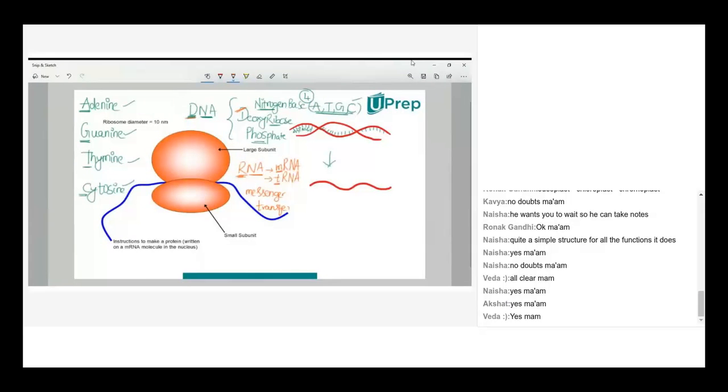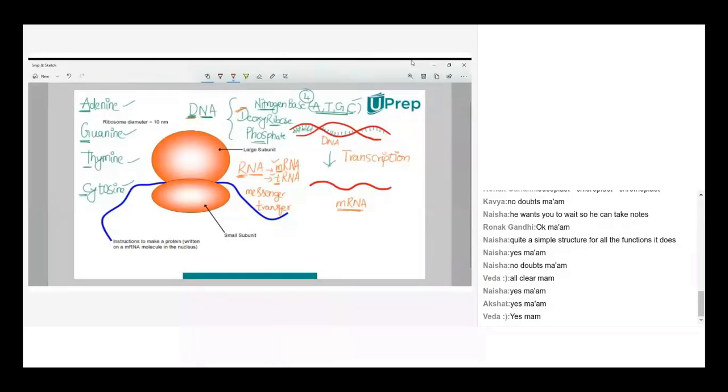Now from DNA, we will get the mRNA molecule. This is called the transcription process. This is the term where a DNA molecule synthesizes an RNA molecule, specifically mRNA. How does it get synthesized?